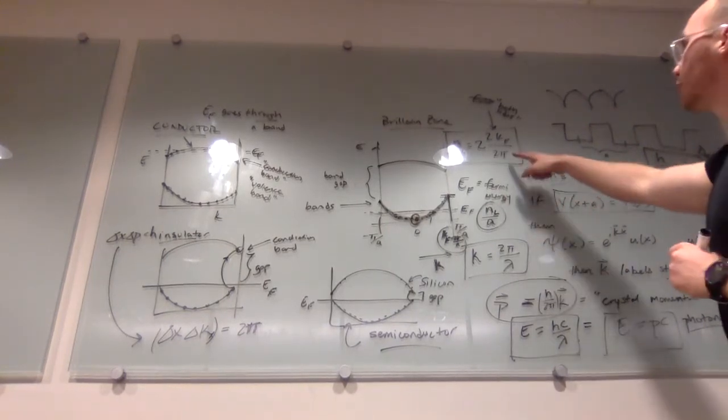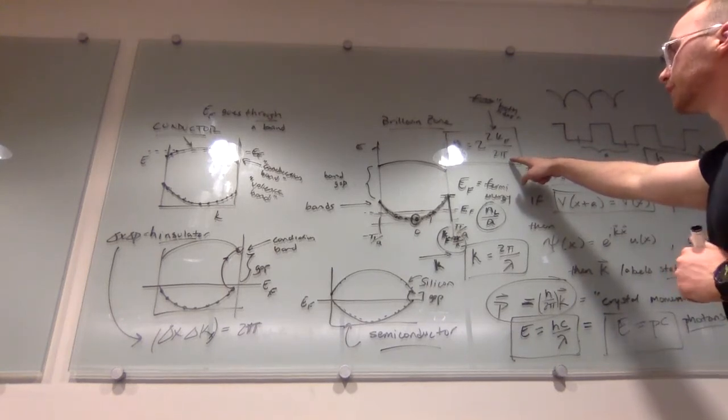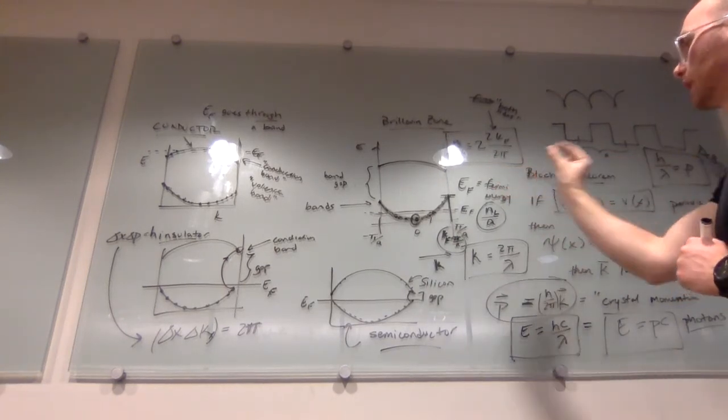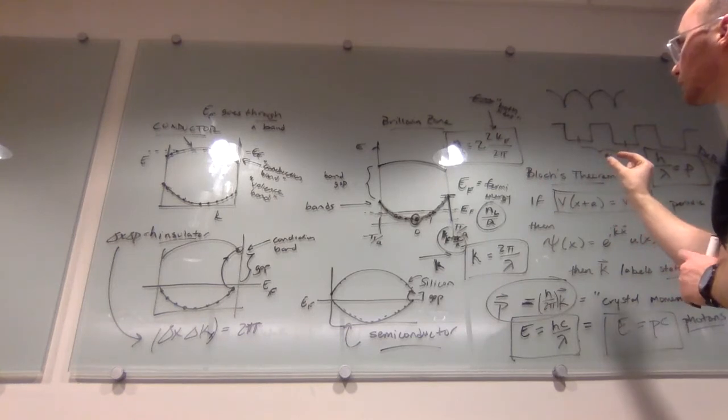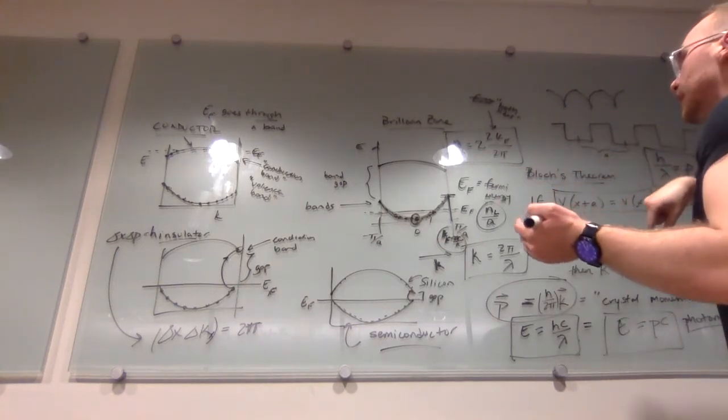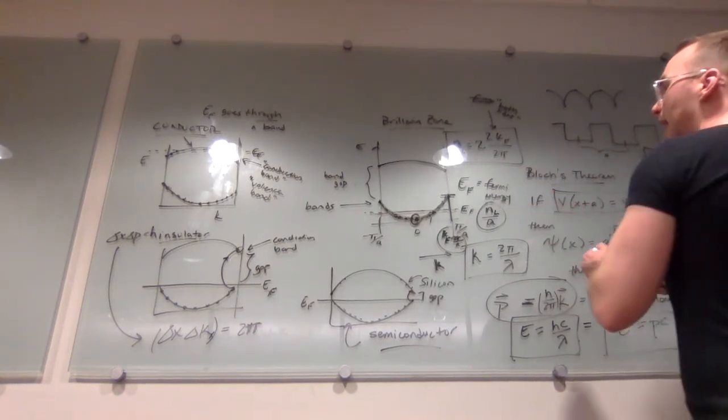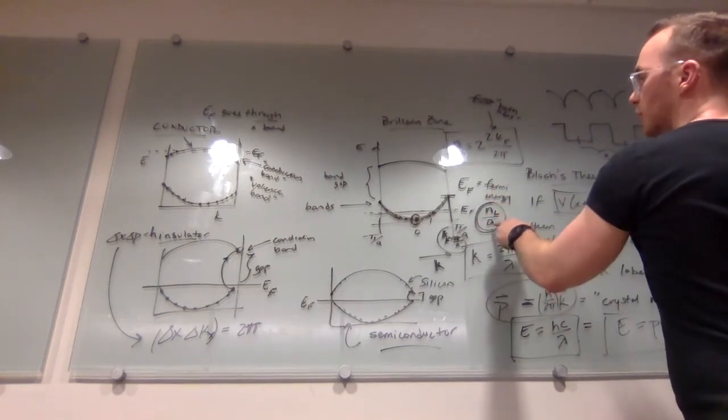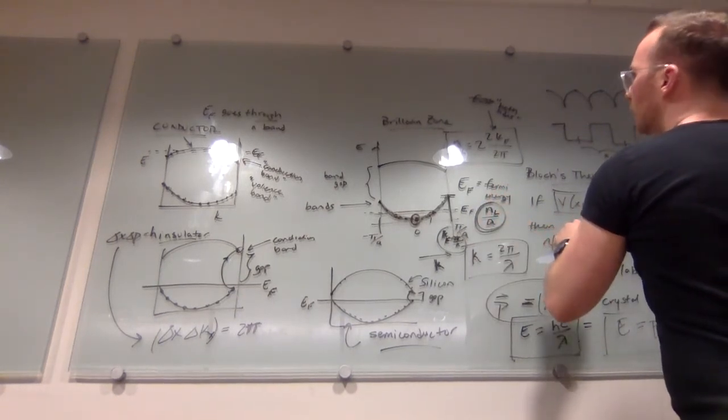And then you divide it by 2 pi, of course, to get the number of actual regions you can have, and then times 2 because each one has 2 states, and it's the total number. And if you divide it by a, you'll get this.